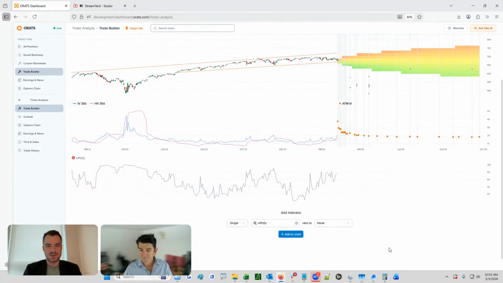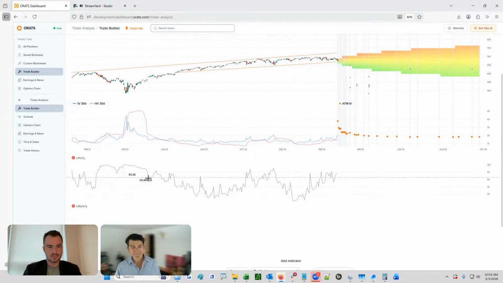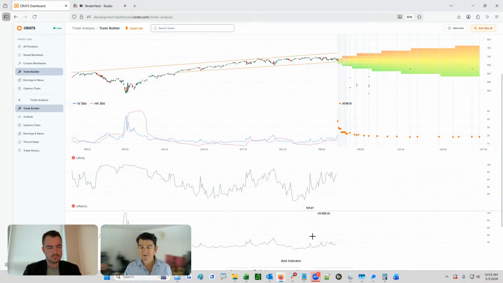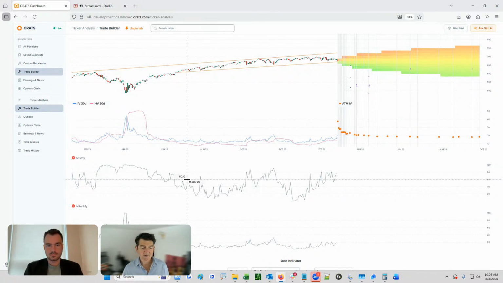I see you got some charts pulled up. Yeah, so we could now compare the IV rank with the IV percentile. Now, you could tell right away that there is a difference between the rank and percentile.